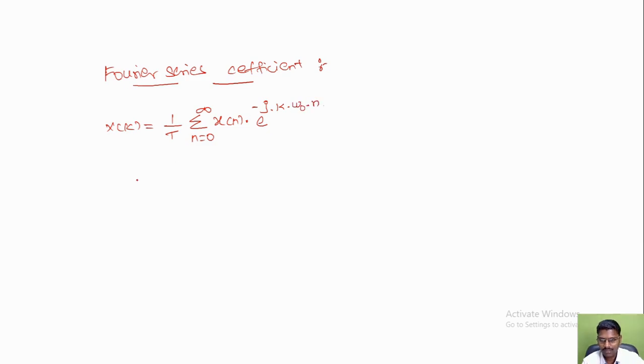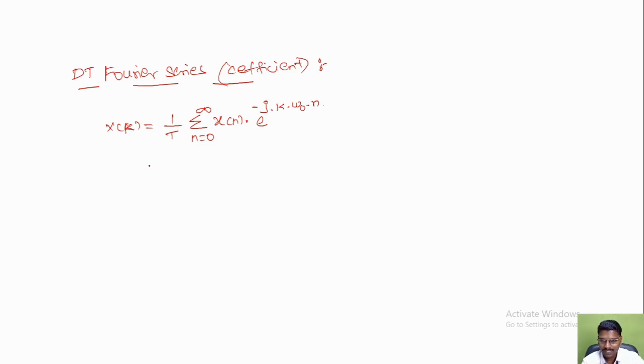This is the formula for the discrete time Fourier series. We are going to find the coefficients of the same, right?